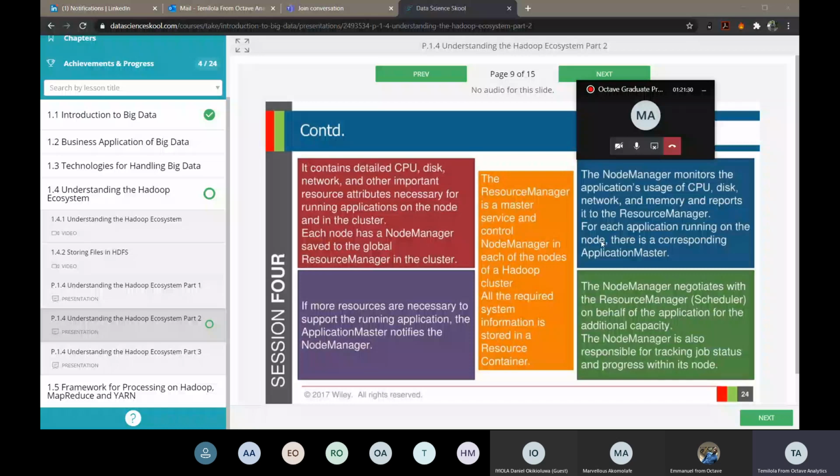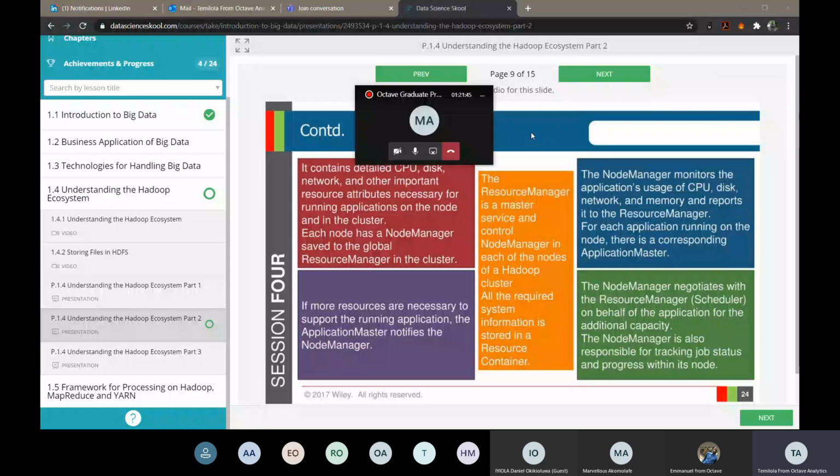So the resource manager will have information about the different name nodes, data nodes, and node managers, and it's the node manager that does the name node administrative operations, so it will have all the information about it also. Just as if you have an administrative set of roles over some things, you would monitor the processes, have information about them, and be able to assign which resources are used by the different processes and applications running in the Hadoop ecosystem.